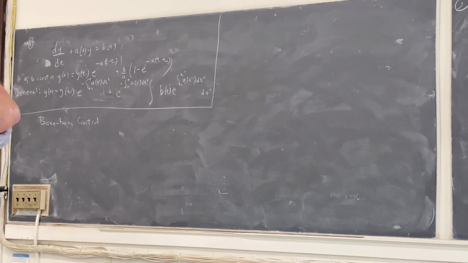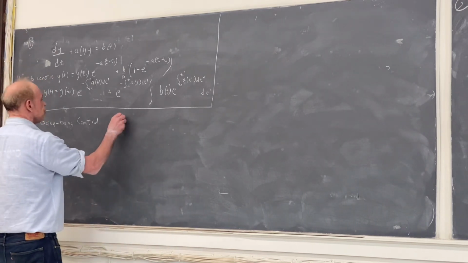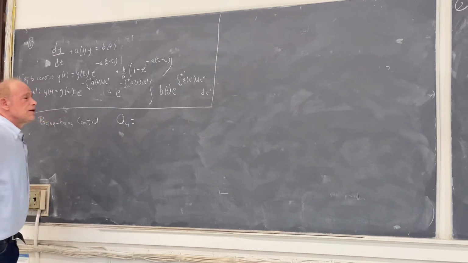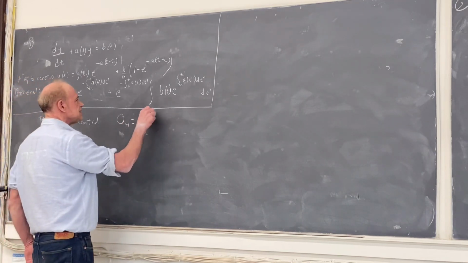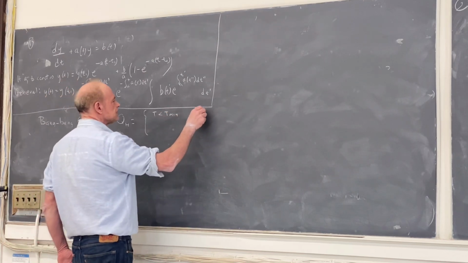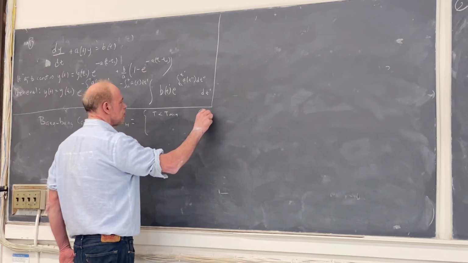When the temperature in the house goes below a certain value, it turns the heater on. And then the heater stays on until such point that the temperature goes above another cutoff, in which case it shuts the heater off. So the idea of bang-bang control is Q of the heater is equal to, if T is less than T min, then it's equal to some value, let's call it QH star.